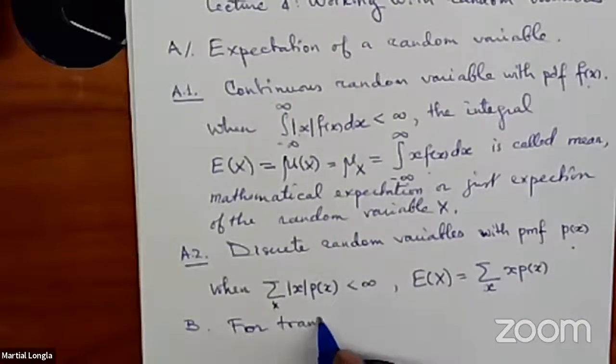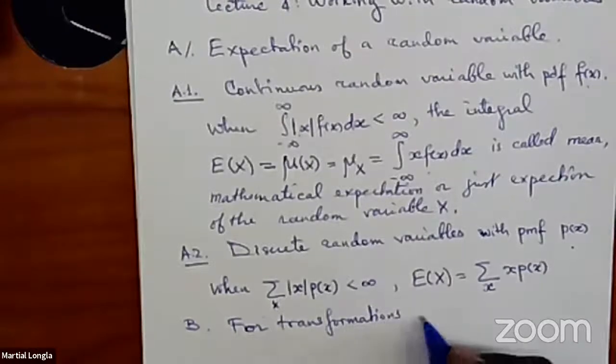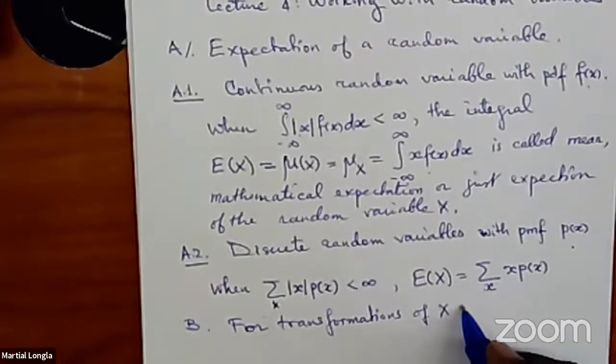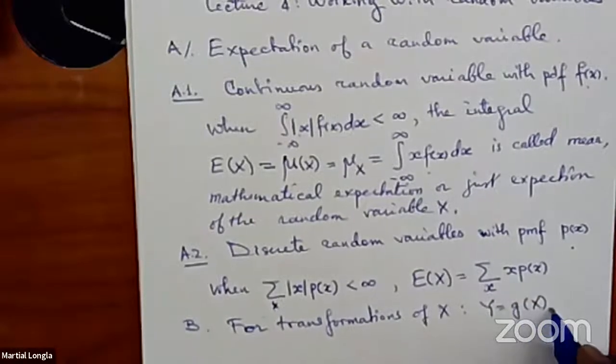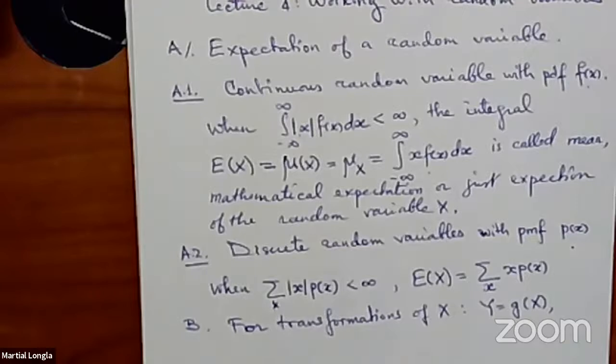For transformations of x of the form y equals g(x), when I ask you to find the expected value of a function of x, you don't have to find the distribution of that function of x before you find the expected value.